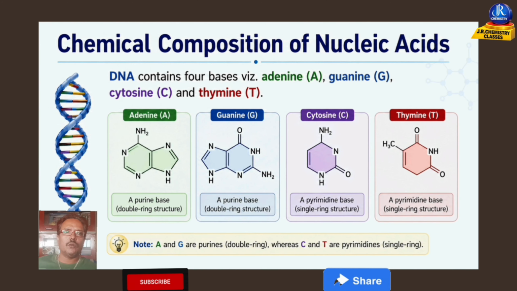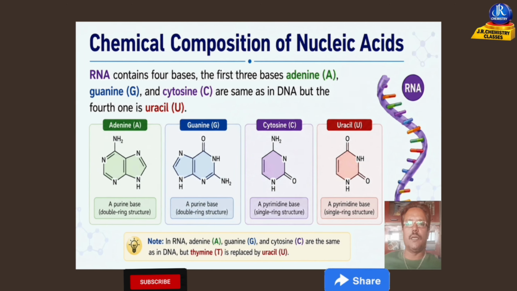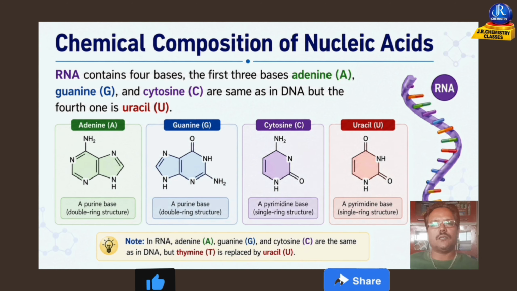DNA contains four bases: adenine, in short capital A; guanine, in short capital G; cytosine, in short capital C; and thymine, in short capital T. RNA contains four bases. The first three bases, adenine, guanine, and cytosine, are same as in DNA, but the fourth one is uracil, in short U.